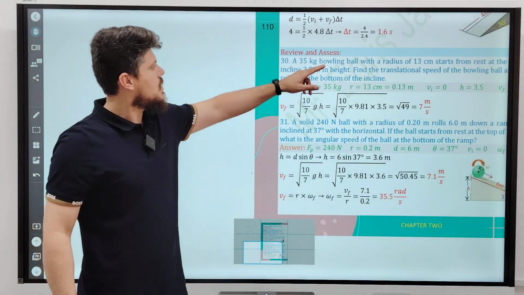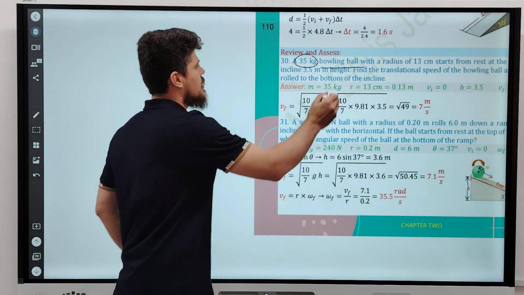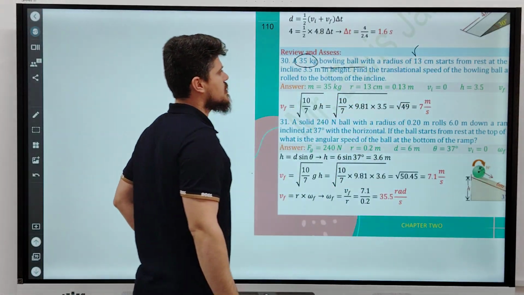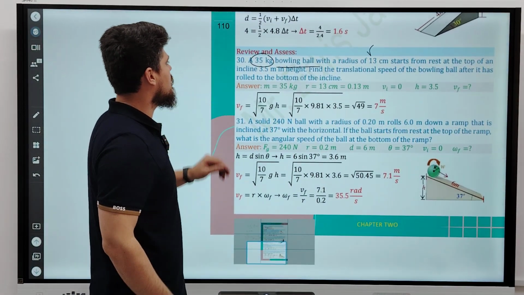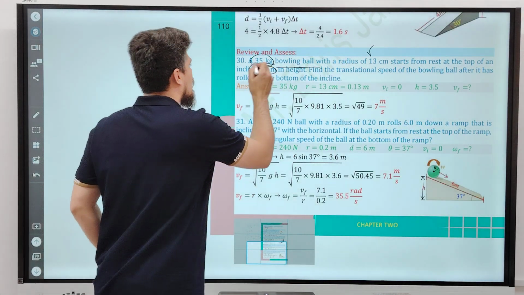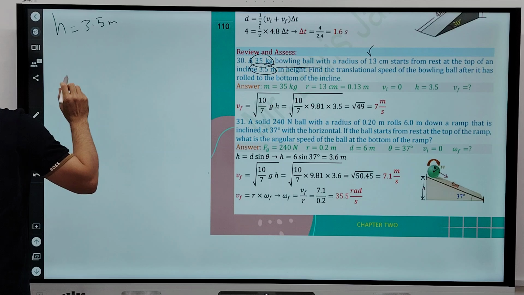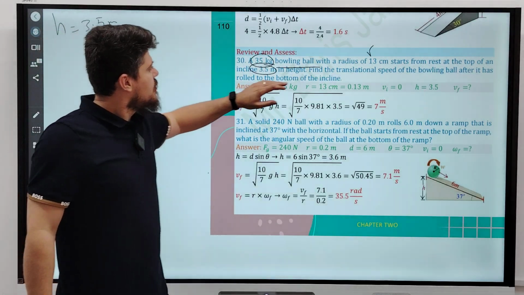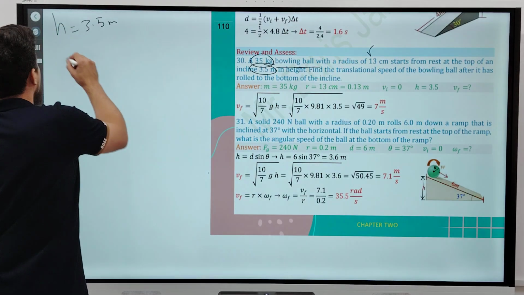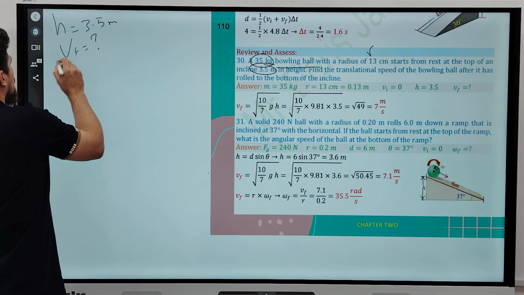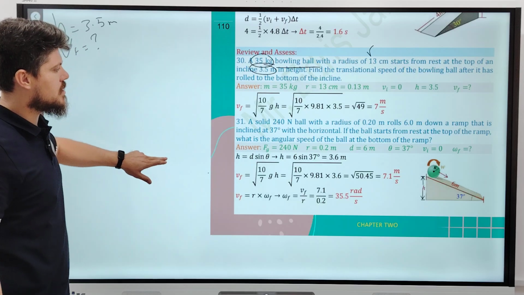A 35 kilogram bowling ball. This is mass, this is bowling ball. With the radius in centimeter, start from rest at the top of an incline, 3.5 meter height. Do we have height? Yes, 3.5 meter. Okay. Find the translational speed of the bowling ball after it has rolled to the bottom of the incline. V final is unknown. V final is equal to the square root of 10 over 7 GH. Just replace. It's too easy.